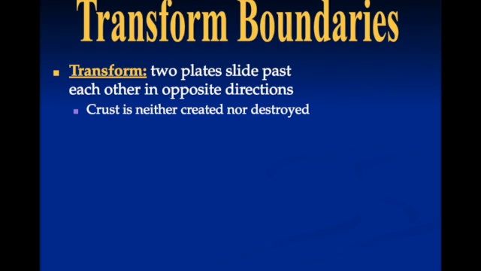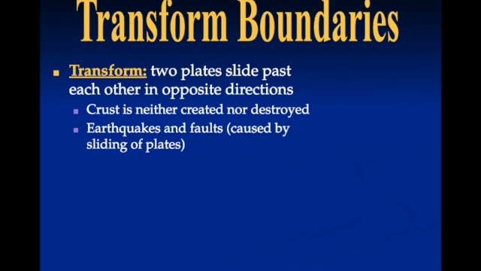So crust is neither created nor destroyed when this happens. There's no seafloor spreading, as at a divergent boundary, and there's no crust being destroyed with subduction, as at certain types of convergent boundaries. But it does produce earthquakes, and faults are like cracks in the crust.